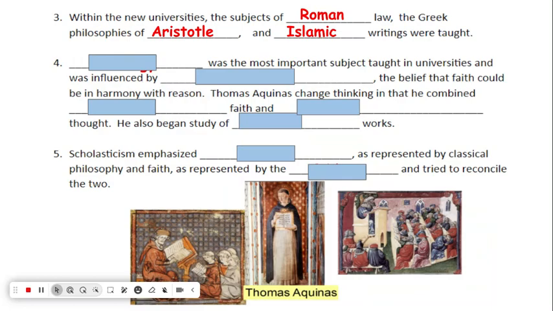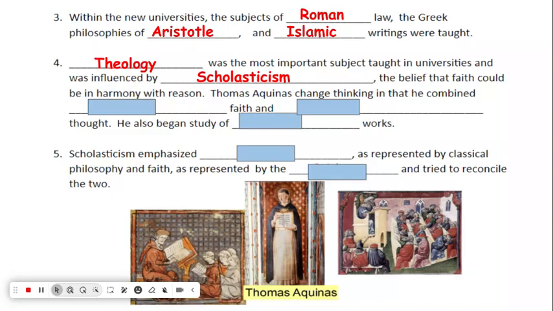This is to broaden the education of scholars during this period of time. Along with this, theology was a very important subject taught in universities. It was influenced by very smart people through the use of scholasticism, which was the belief that faith could be in harmony with reason.